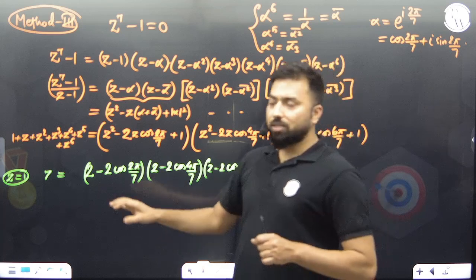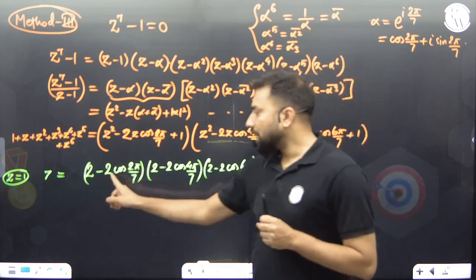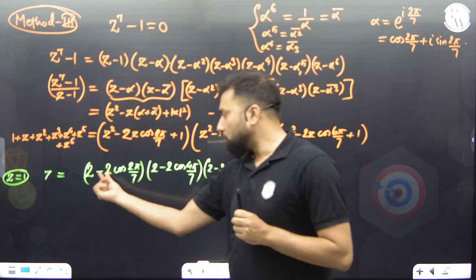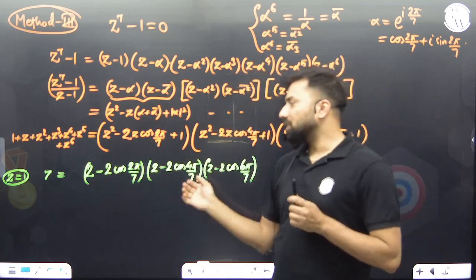Now you should understand the manipulation. I can take 2 common from each of these three terms, so that I get 2 raised to the power 3 out.